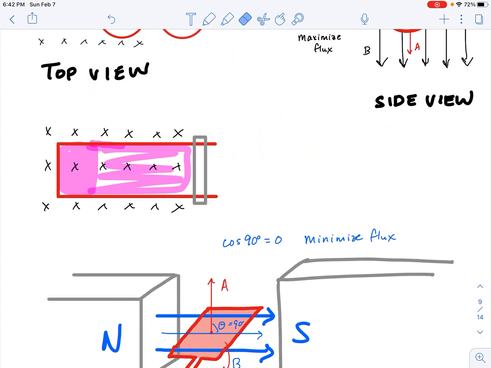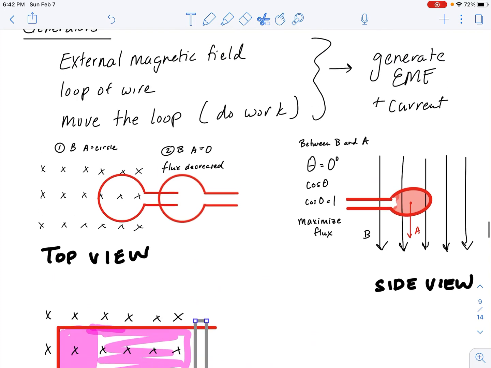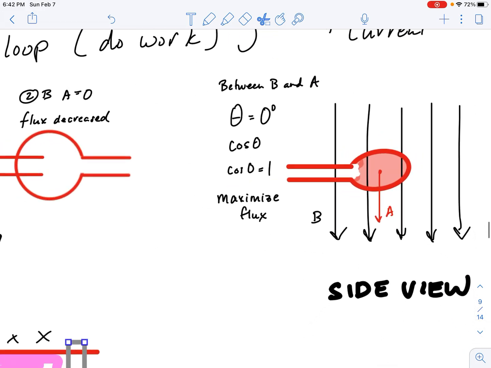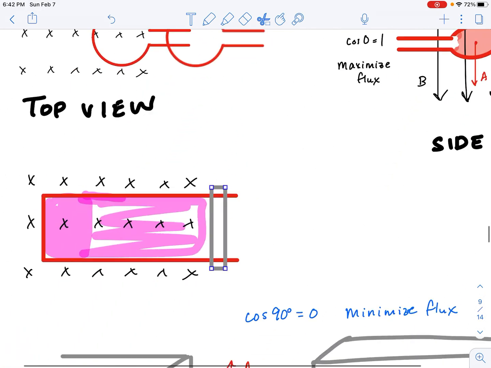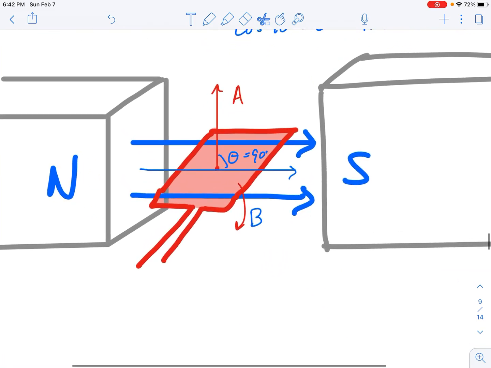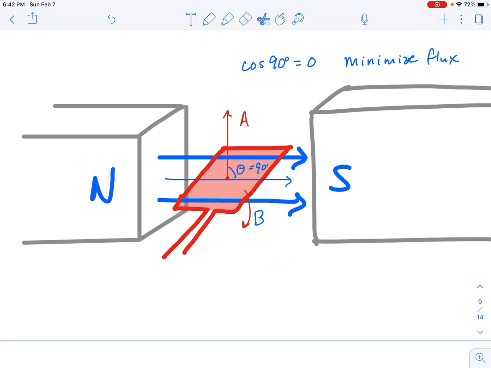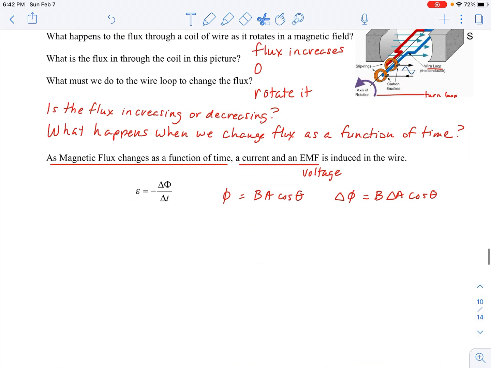For example, in this situation where we change flux by moving this bar, we're changing the area, but not the angle. Here, when I was pulling this in and out of the field, we're changing the area, but not the angle. In this situation, we're changing the angle as this thing rotates, but not the area. So we'll have to think about the scenario as we move forward.